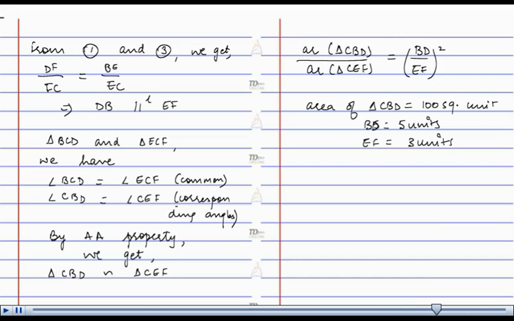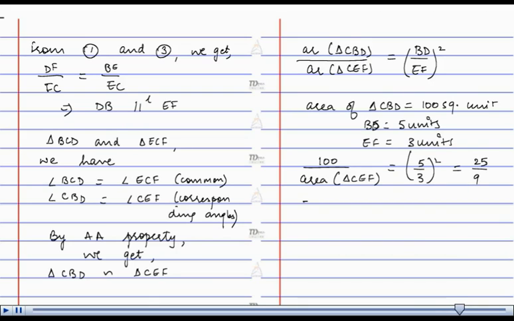Now put the required values in the above equation. We get 100 upon area of triangle CEF is equal to 5 upon 3 whole square, that is equal to 25 by 9.